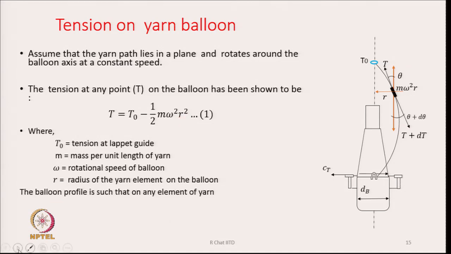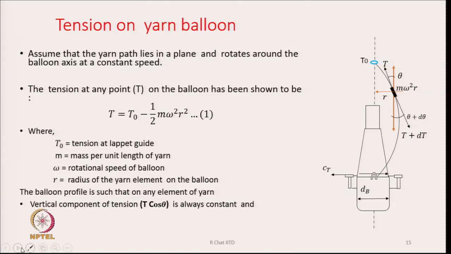Okay. From there, the balloon profile is such that on any element of yarn, the vertical component of tension is always constant. This can also be proved, but we are not going into those details now. You just have to remember that the vertical component of tension, T cos theta, is always constant. T sin theta is the other component, which balances the m r omega square.